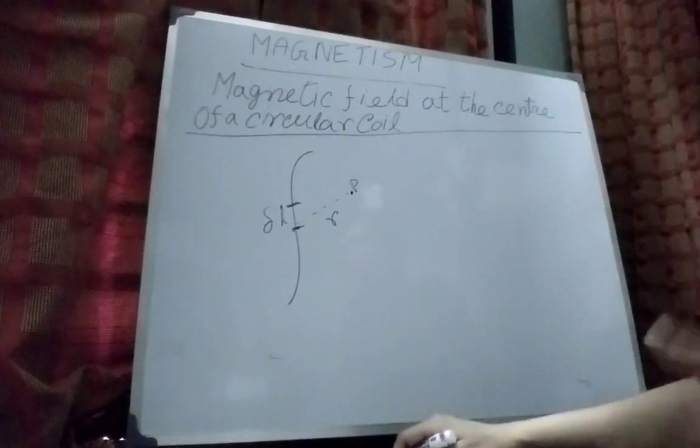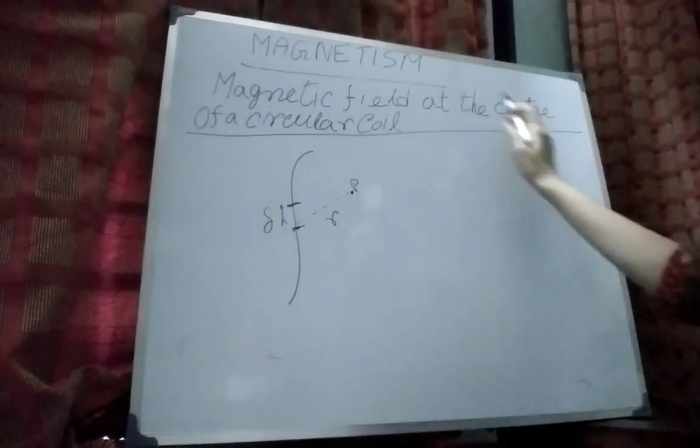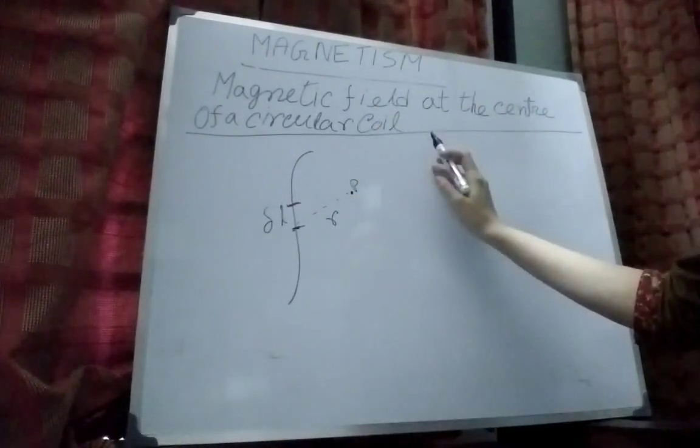So, first according to our syllabus, we have to learn the magnetic field at the center of a circular coil.